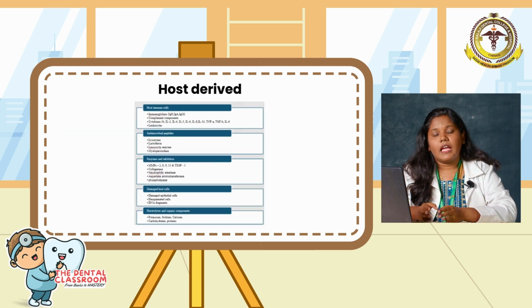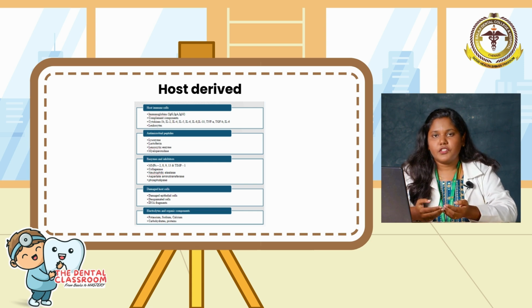Now coming to the host part. In the host part, as I was telling you earlier, these antimicrobial peptides will be present, like the lysozymes, the lactoferrins, leukocytic enzymes, and the myeloperoxidase. These are the antimicrobial peptides which will prevent the proliferation of the bacteria. They will cause the cell death of the bacteria, and they are all involved in lysis of the bacterial products also.